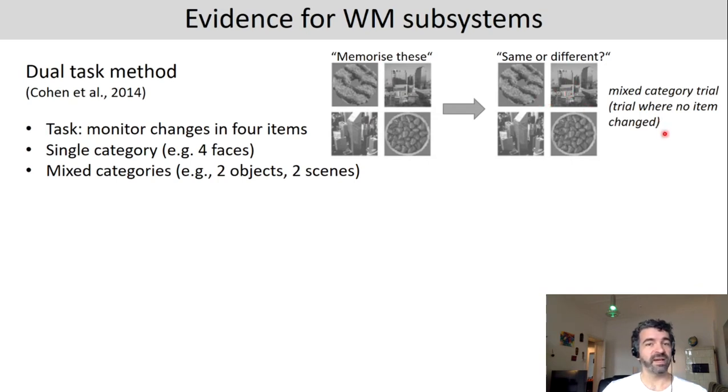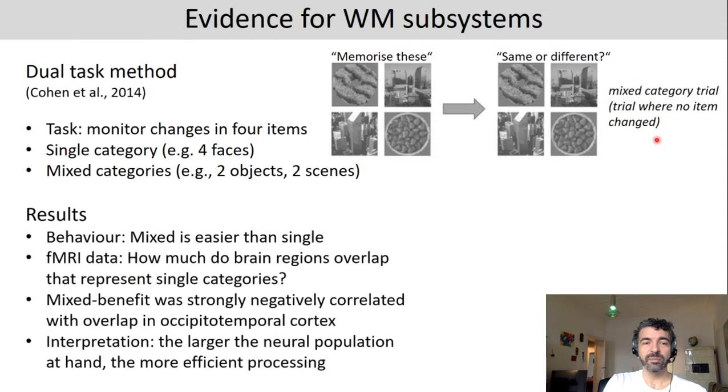So what would you expect is easier? I'll give you a second to think about that. Well, the behavioral findings showed that the mixed category trial is easier than the single one. So when you had to remember food and city scenes, this was easier than just city scenes or just food.